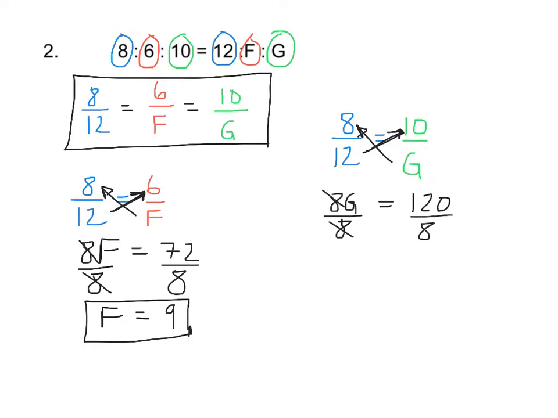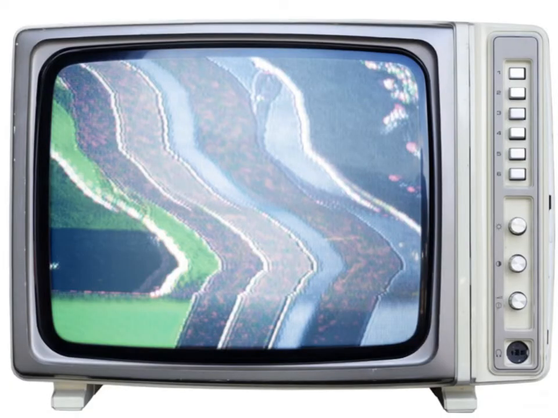So that gets rid of the 8, leaving me with just g here. And then when I do 120 divided by 8, I end up with 15. So g is equal to 15 in that case. So hopefully that helps you solve those tricky ones with 3 different ratios.